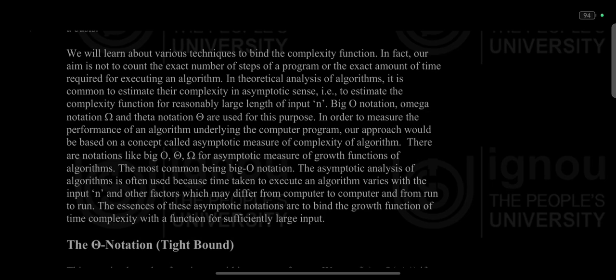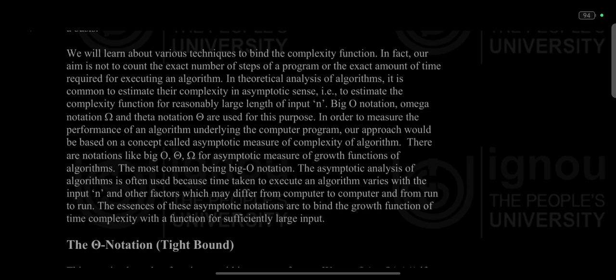Our approach would be based on a concept called asymptotic measure of complexity of algorithm. There are notations like big O, big theta, big omega for asymptotic measure of growth functions of algorithms, the most common being big O notation.